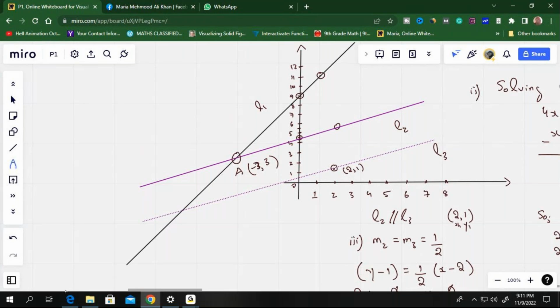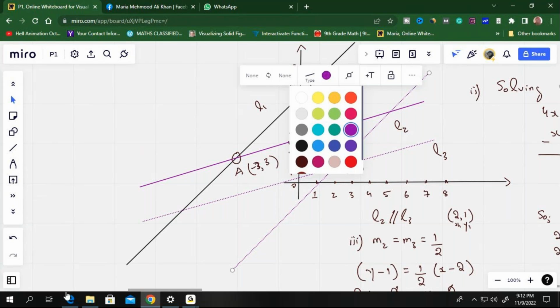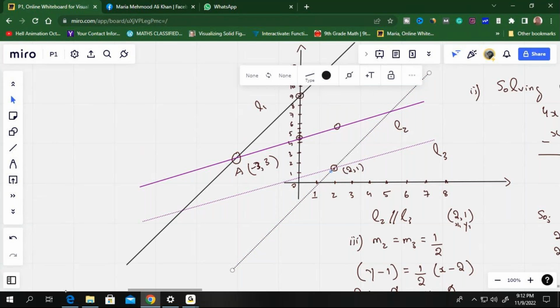And it's common sense that this line is also going to pass through my 2, 1, because this 2, 1 is obtained by the intersection of the remaining two lines, that is L3 and L4.